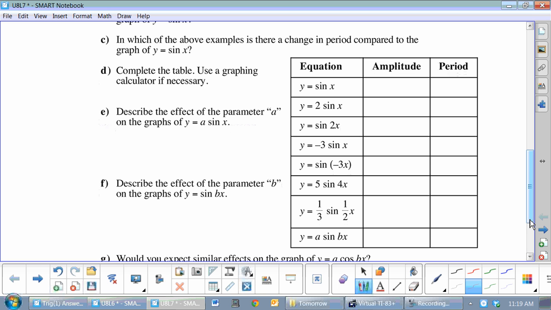So now we're not going to go through all of this right now, but I just want you to think: what does A do to this thing? It stretches it, right? Now, what does B do? Stretches it this way. Now, if B is 2, what would it do to this graph? If B is 2, it would make it like this, would it not?